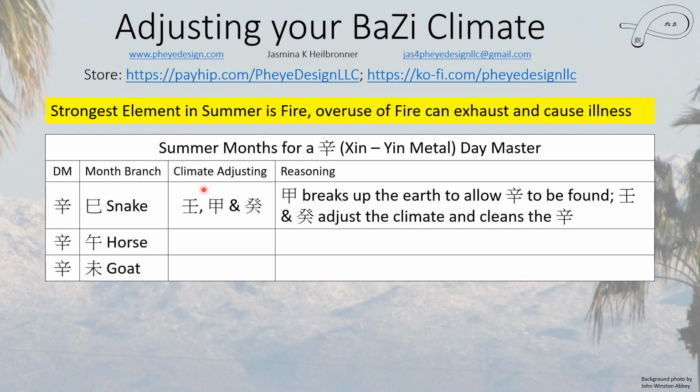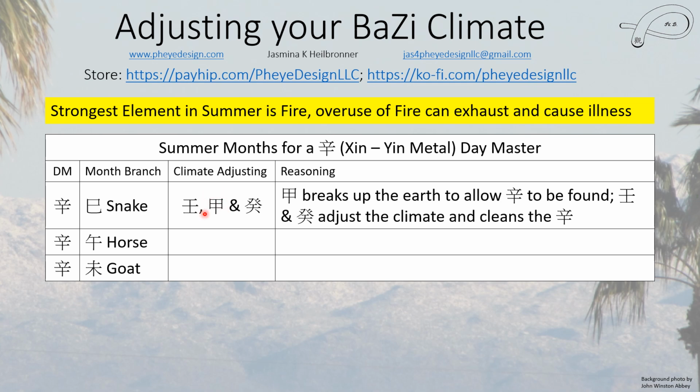So if we go to the summer, fire is strong. It's the strongest. And of course, if you overuse fire, you usually have a lot of repeated illnesses, because you exhaust yourself. So there is an idea of trying to keep the fire under control. And so if you are a sin metal born in the month of the snake, you notice we have a couple of waters. Water puts out fire, so these are used for control.